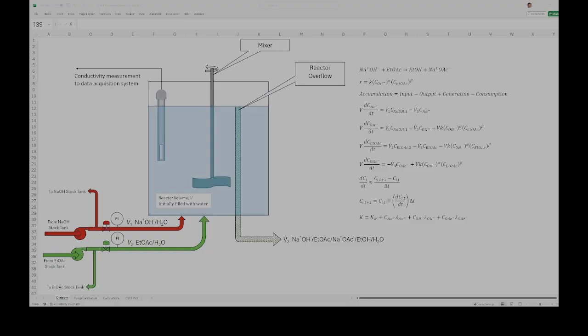One thing we should know is that the flow meters that we have used in this experiment need to be calibrated.